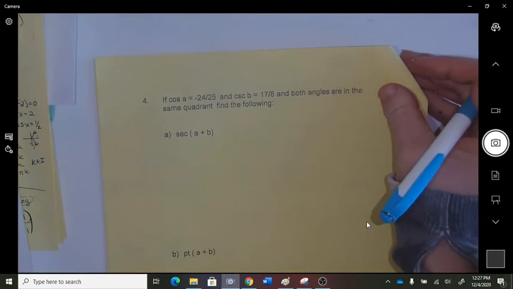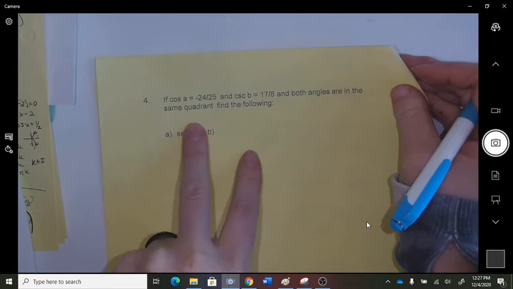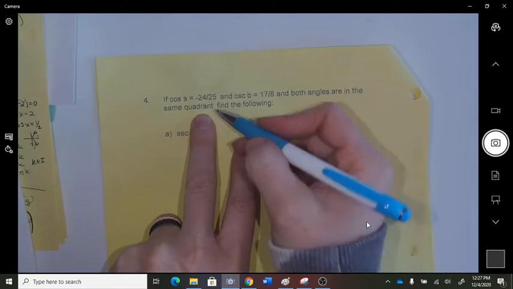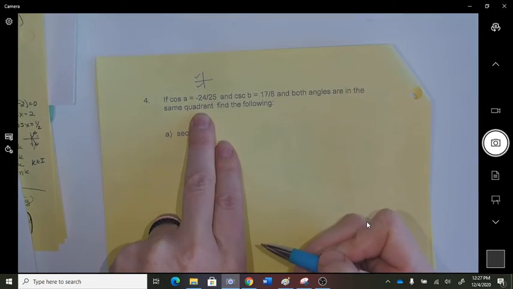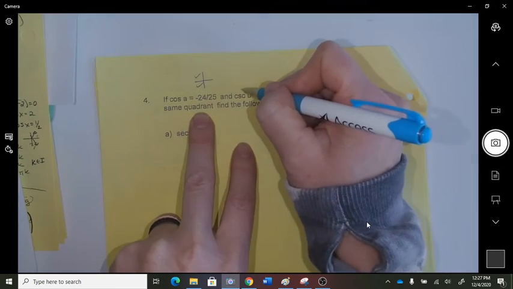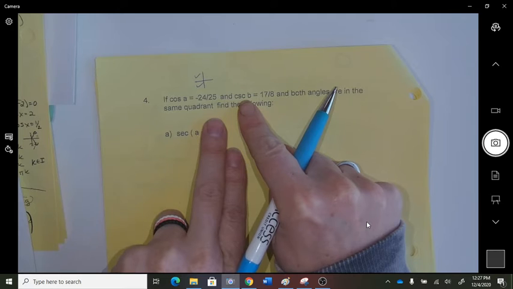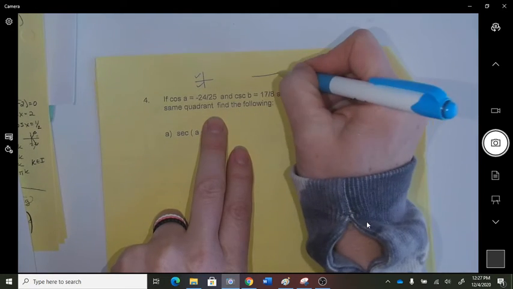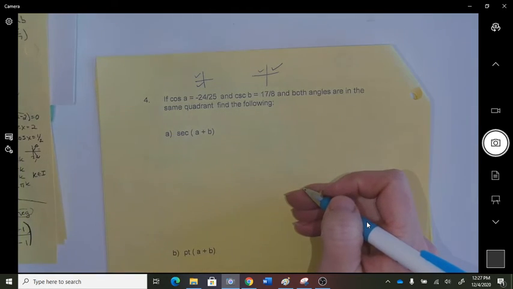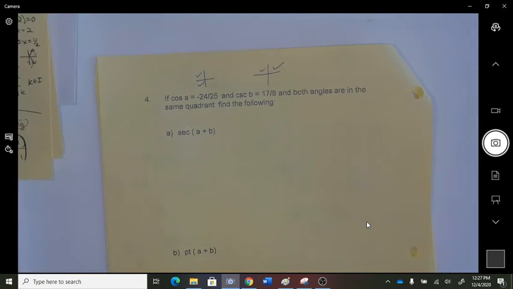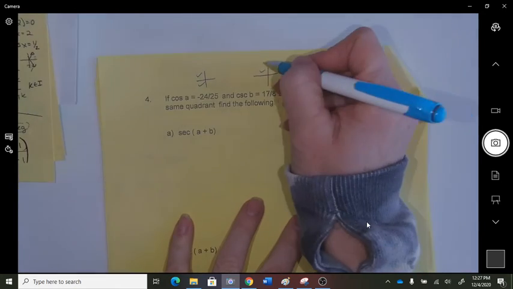Okay, cos of A. Okay, we got to figure out the quadrants. So cos is negative, so it could be in those two quadrants. This is the reciprocal of sine. So sine is positive. Okay, so we are in quadrant 2.